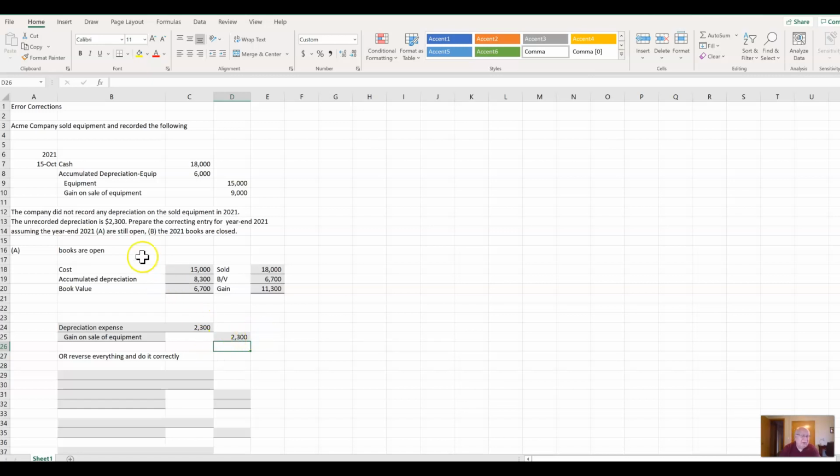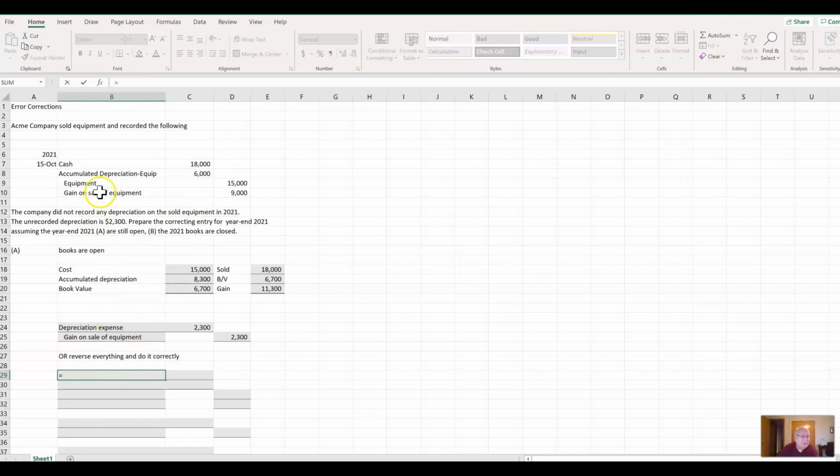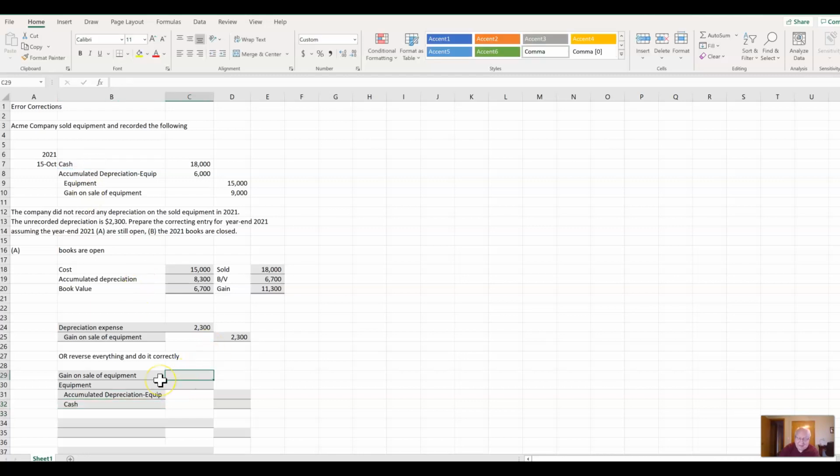So the better way of doing it is we'll reverse the entry up here. We just want to reverse this. So we debit the equipment and debit the gain, and credit accumulated depreciation and credit the cash, for the amounts that we had up there: the $9,000, $15,000, $6,000, and $18,000.